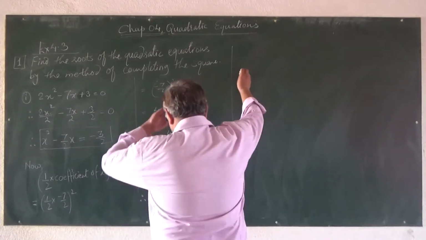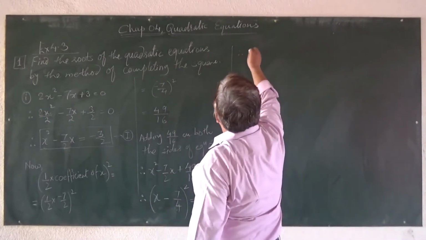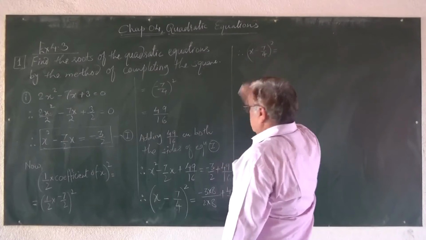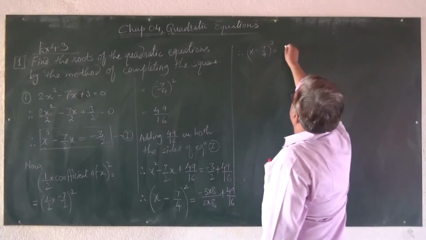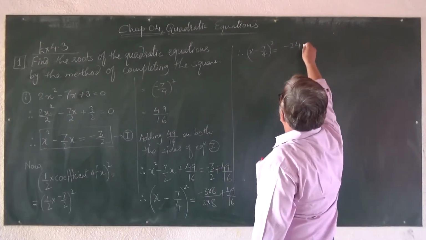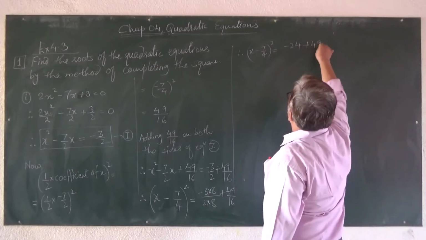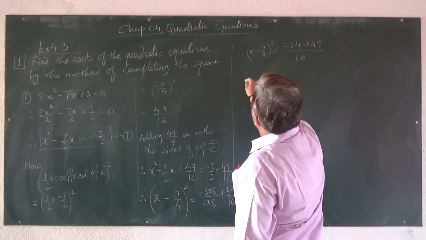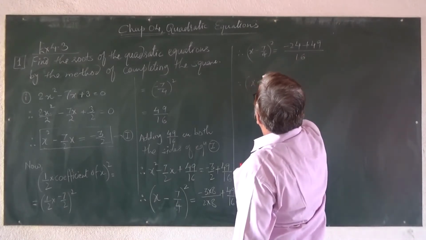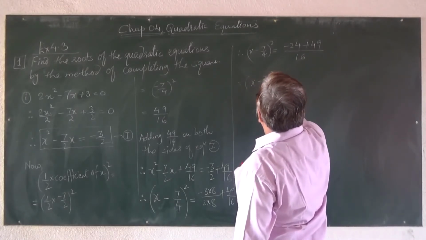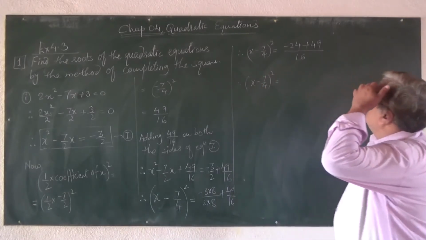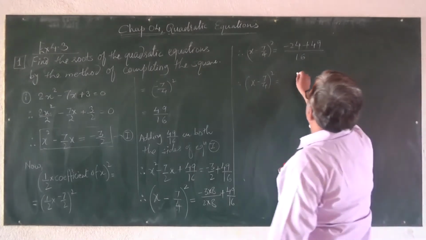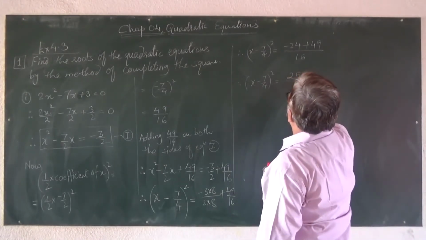So here what you are going to get? Therefore x minus 7 by 4 whole square is equal to minus 24 plus 49 upon 16. So x minus 7 by 4 whole square, minus 24 plus 49, that is 25, so 25 by 16.